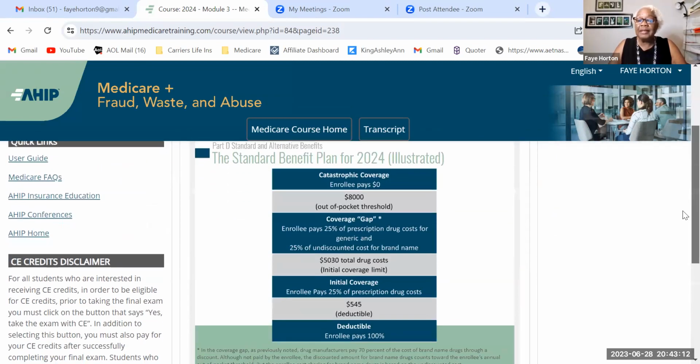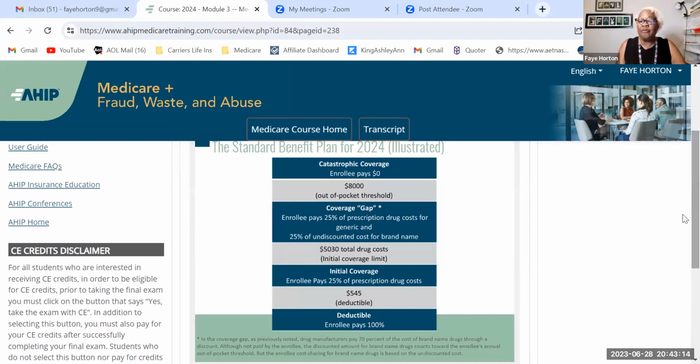Okay, standard plan. This is what it looks like in chart form. We'll start at the bottom because phase one starts at the bottom. If there's a deductible, the enrollee pays 100% of whatever the deductible is. Then they go into the initial coverage.